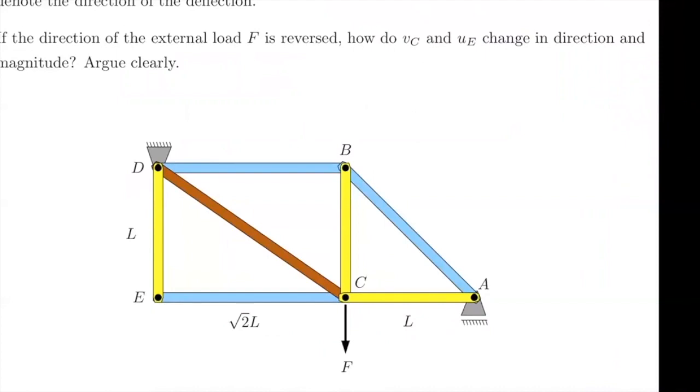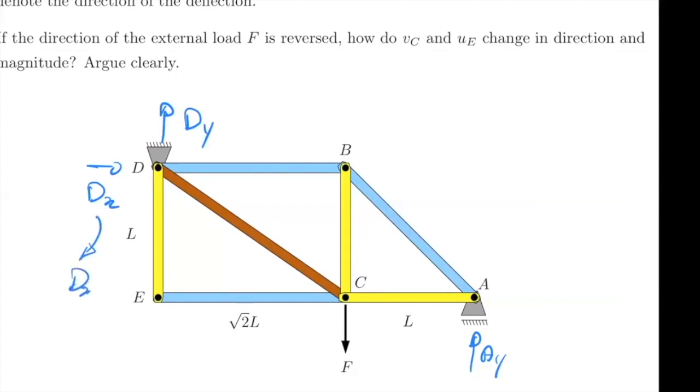One thing it asks you to calculate is the reactions of the supports, which you can do. You would have, let's say, dx, dy, and ay. Maybe you have a good feeling that dx must be 0 because there is no horizontal external force on the system.